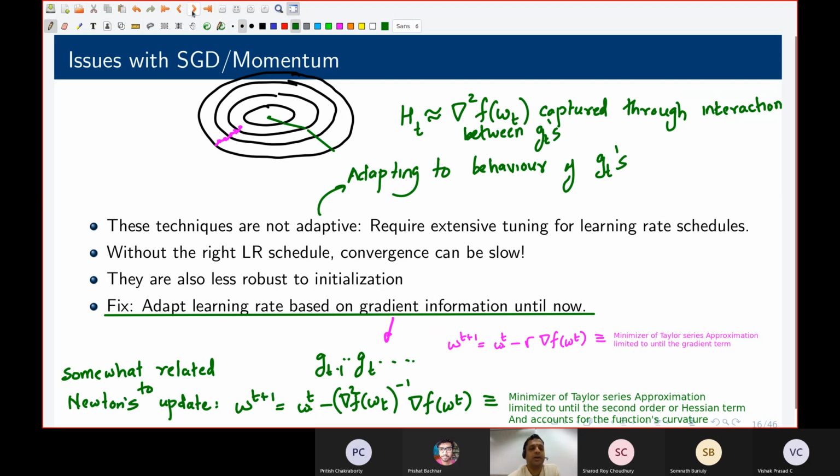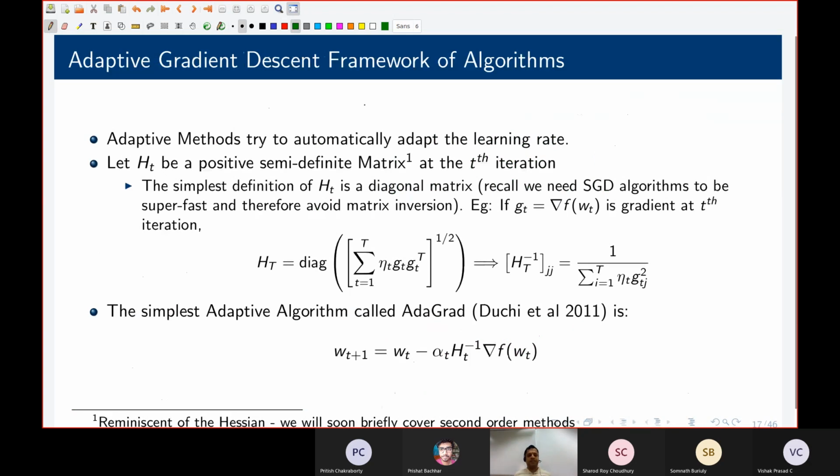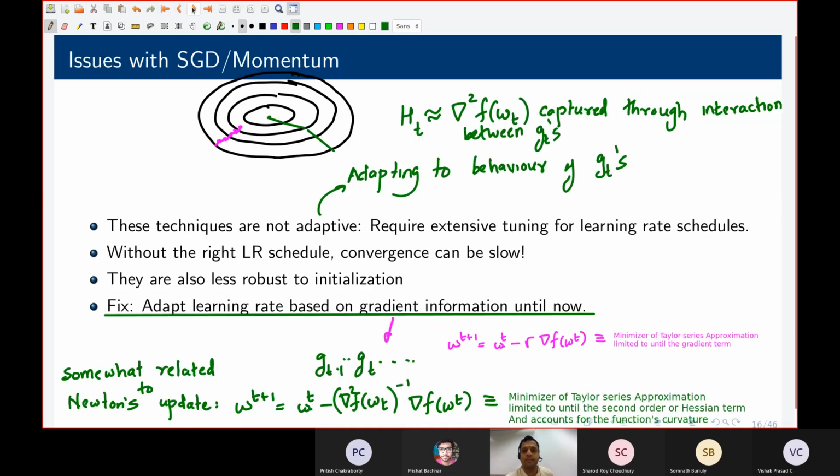So with that background, let's look at this adaptive gradient descent framework of algorithms. By the way, the Hessian is supposed to be a positive semi-definite matrix. That's another thing we should note.